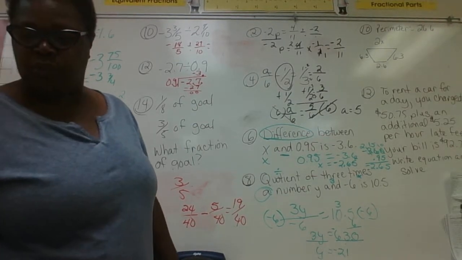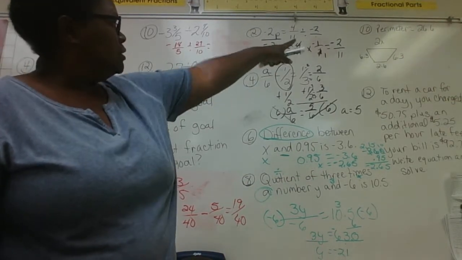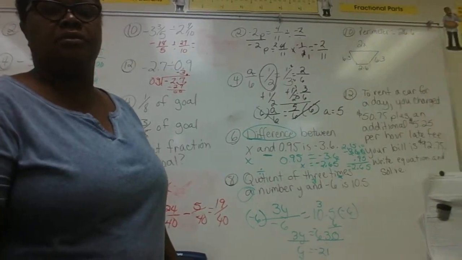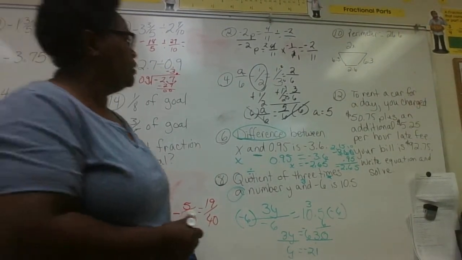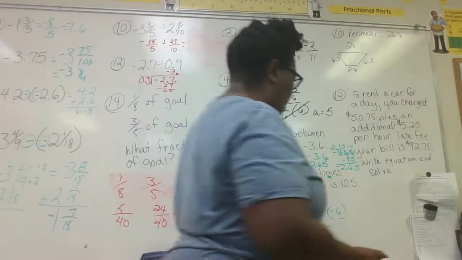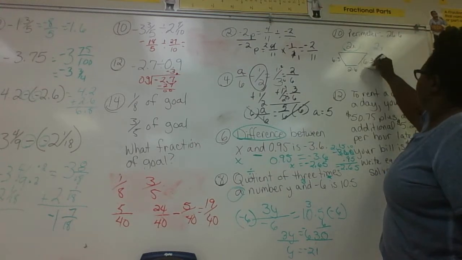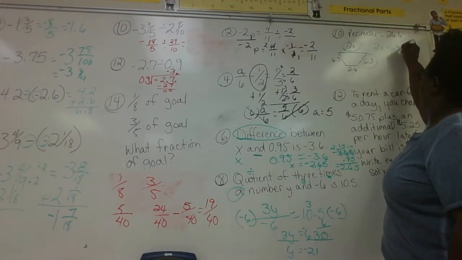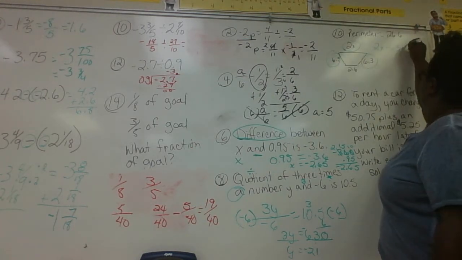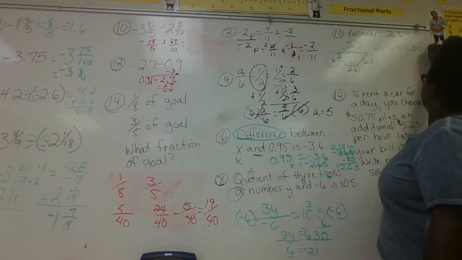Our next one, we're looking at number 10, perimeter. Okay, let's turn our camera here. All right, the perimeter is plus all sides. So when we plus all sides, we have this 2x here, plus 6.3 here, plus 6.3 here, plus 2.6.